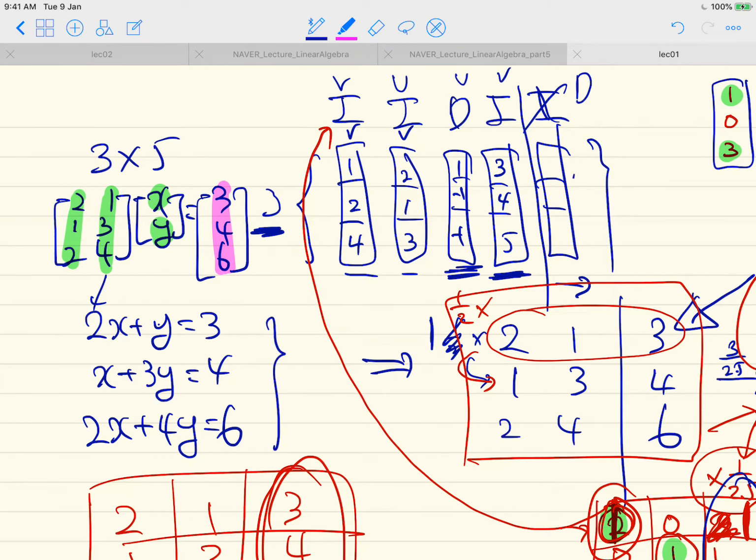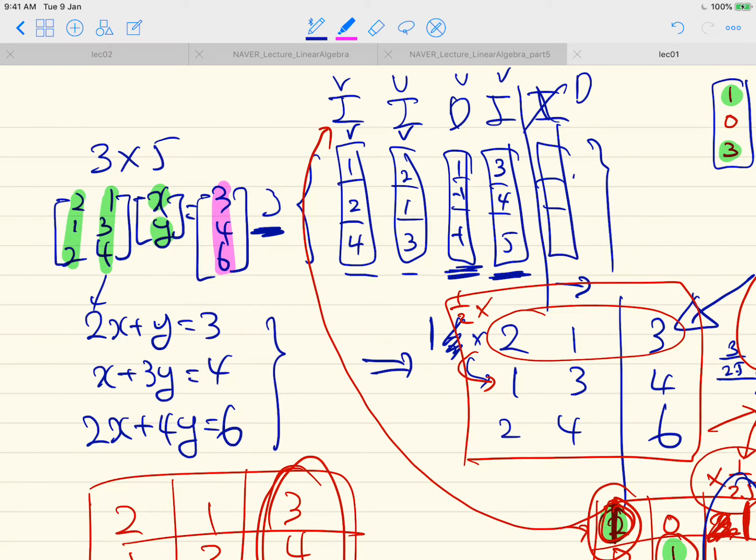Now suppose this given vector on the right is outside the span of these two column vectors.